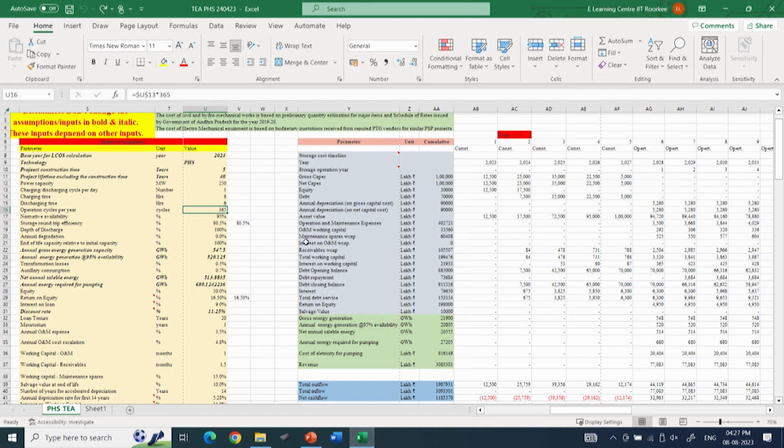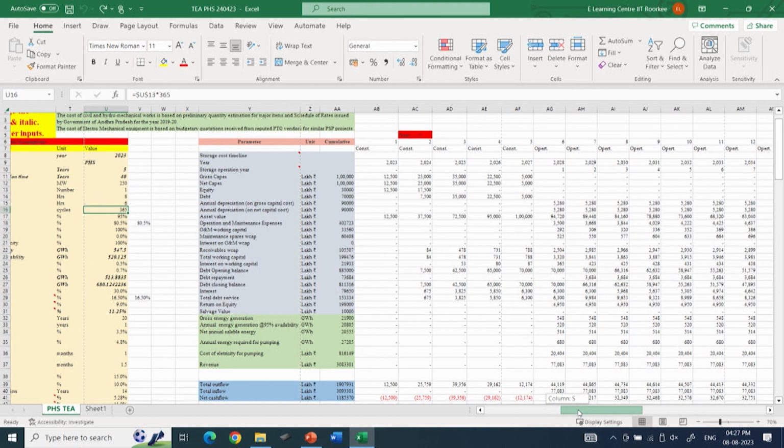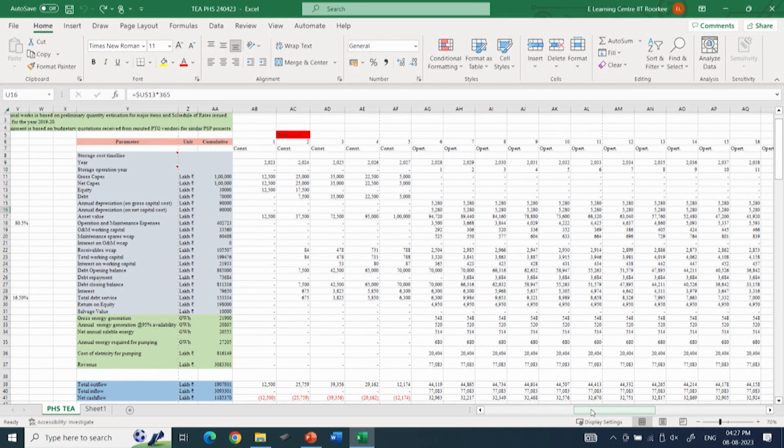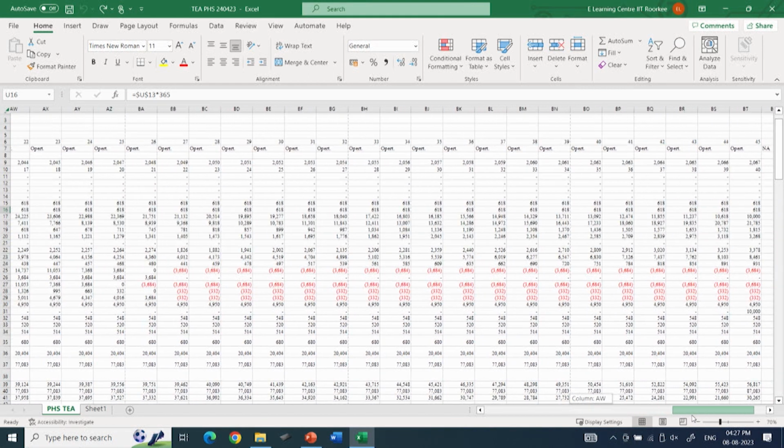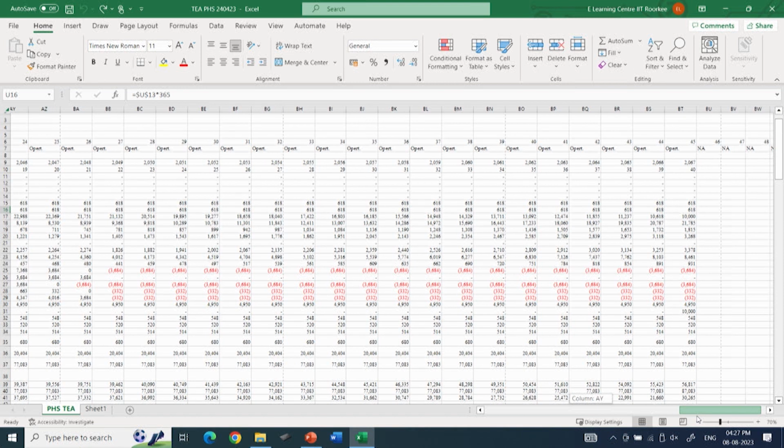So you would normally have an Excel sheet like this, which would have a lot of parameters going in. You would have the construction period, the different kinds of efficiencies that are involved, the capex, and the different financial parameters, and then you would have the cash flows that could range over a number of years. In this case, the plant has a 5-year construction period, and then it goes for almost 40 years of operation.